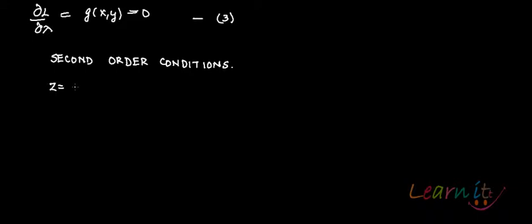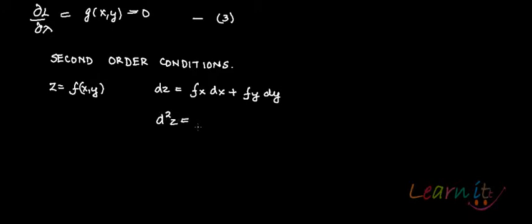You have z is equal to f of xy. This is what you have. You can write this as dz equals fx dx plus fy dy. This is what you will write. Then you again differentiate this. So what you get is d2z equals to, you should be writing it like this.